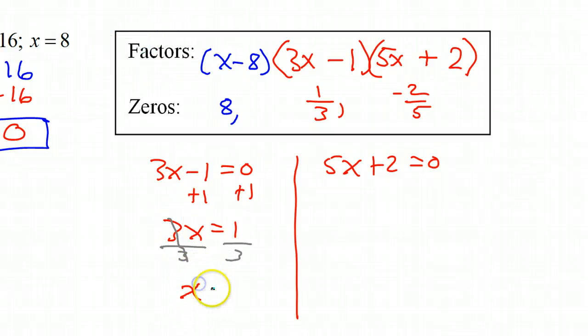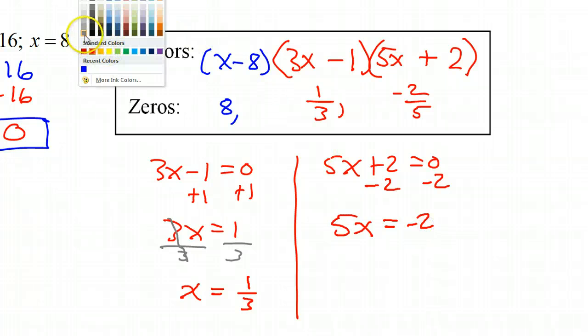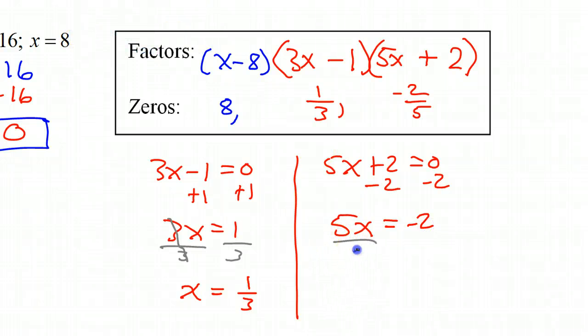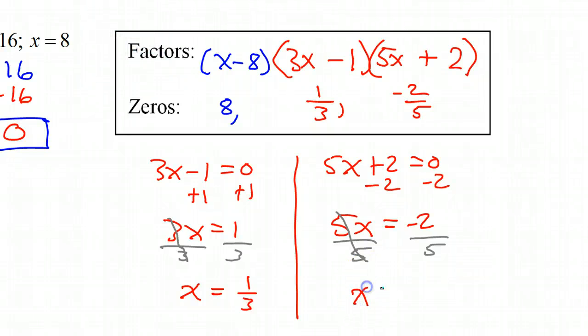So I would have x equals 1/3. That's where the 1/3 came from. Similarly, I would subtract 2 from both sides. I would have 5x equals negative 2, and then I would divide. And that will give me x equals negative 2/5. Alright, that's where that came from.